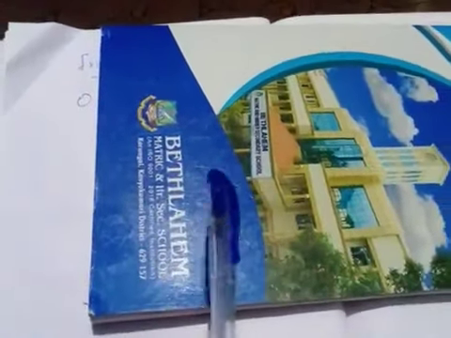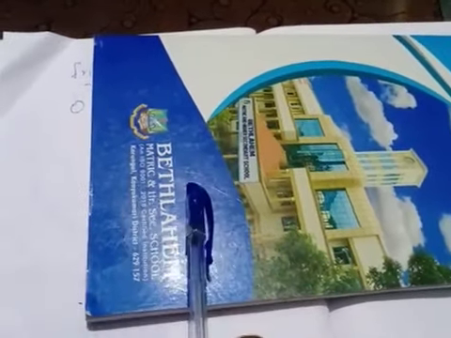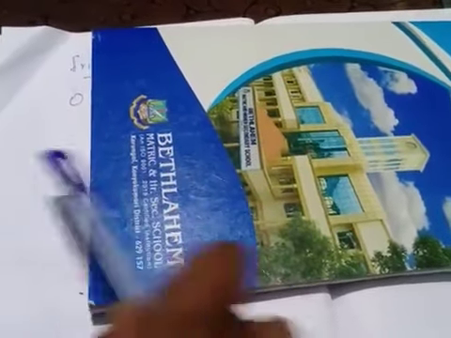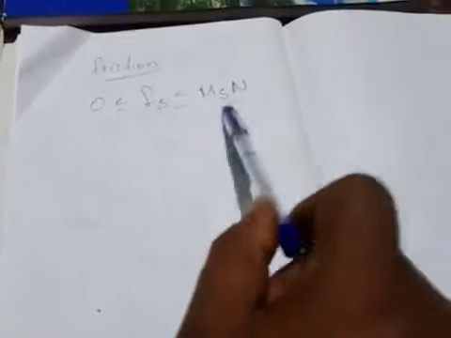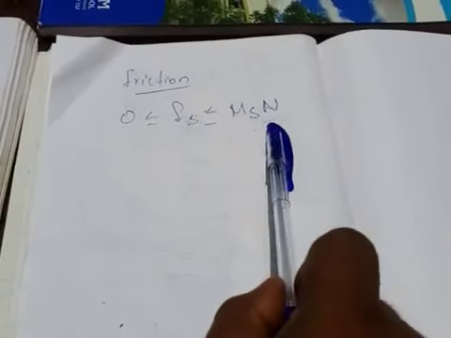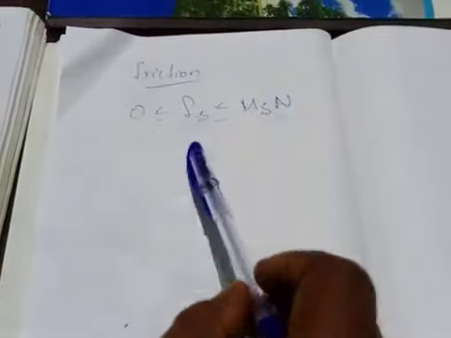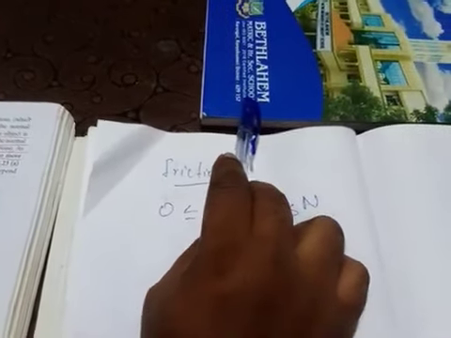The second: the object is at rest, but I apply an external force on it. Now the static friction is greater than 0, but still less than the normal force. And once the object starts to slide, the static friction acting on it will be maximum, we can say.